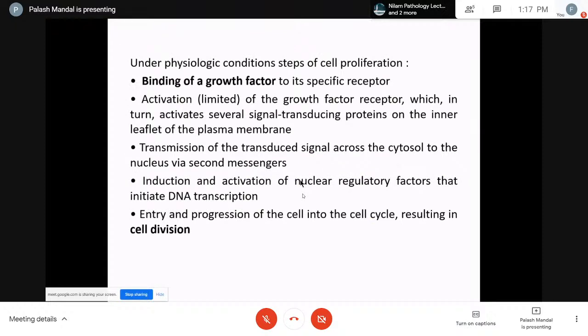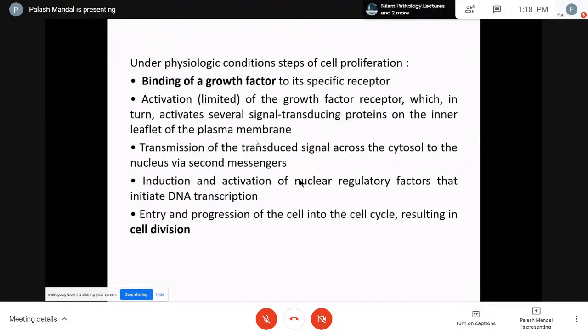So these are the steps of cell proliferation in a normal cell. What happens in a normal cell? There is a binding of a growth factor to a specific receptor, and activation of the growth factor receptor, which in turn activates several signal transducing proteins in the inner leaflet of the plasma membrane. These signal transducing proteins are present on the inner side of the plasma membrane. The receptor is the one which has two ends, one protruding outside the plasma membrane and one present inside.